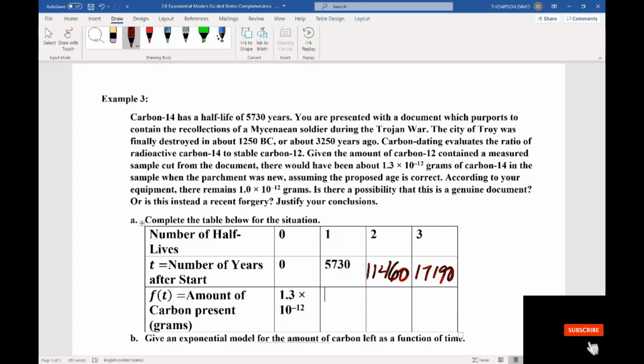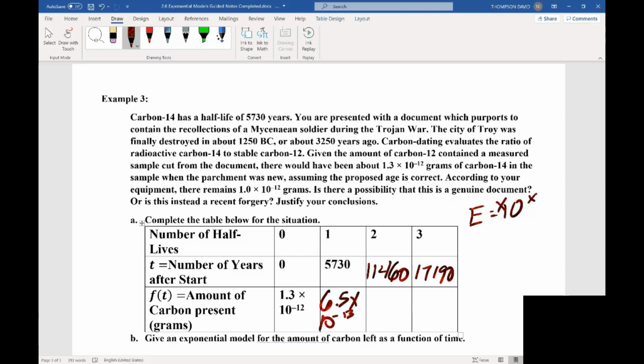So first we enter in the calculator 1.3 times 10 to the negative 12. And in the calculator, E means times 10 to some power x. So we're going to do half of that, so times 0.5, and we get 6.5 times 10 to the negative 13th.